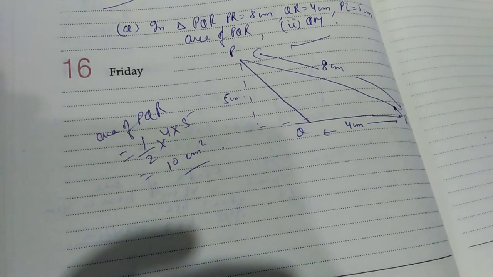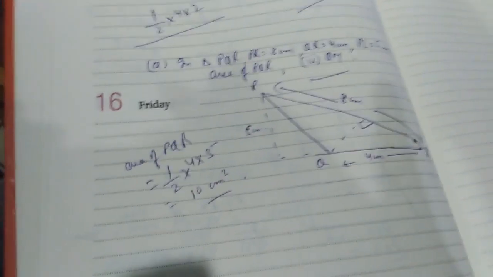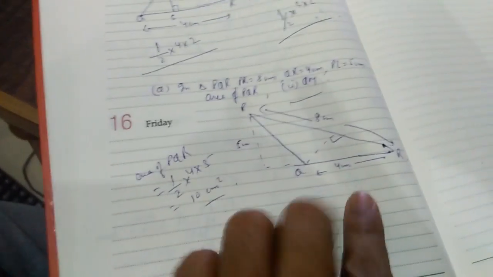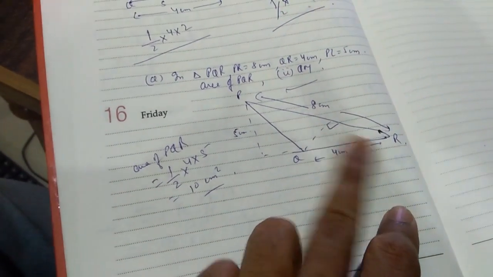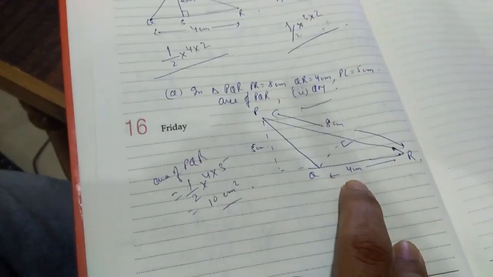Now in trying to find QM, QM is supposed to be a perpendicular to PR. So this becomes a right angle triangle and 4 centimeter is the hypotenuse of this triangle.